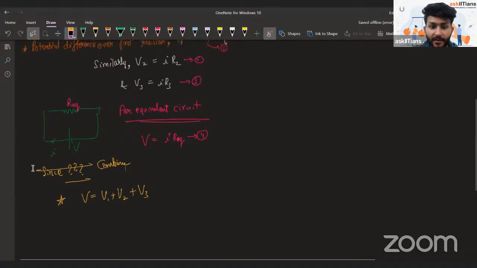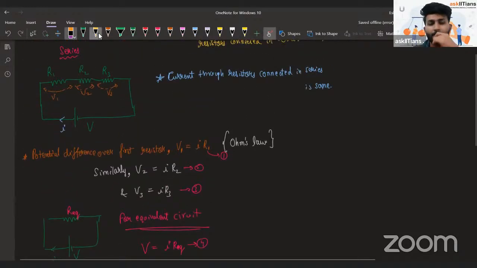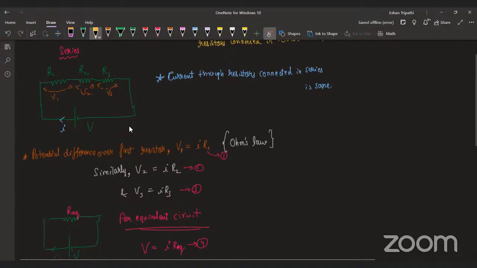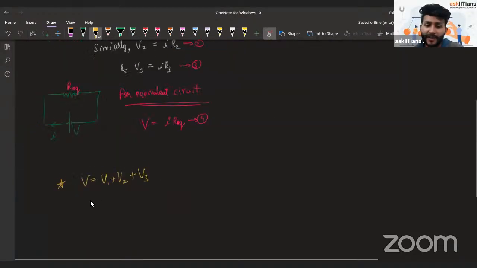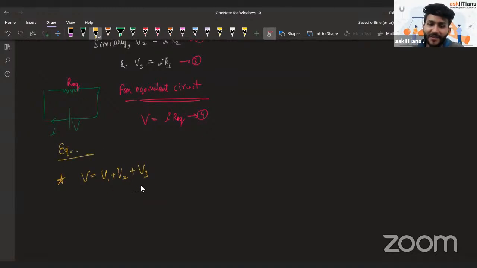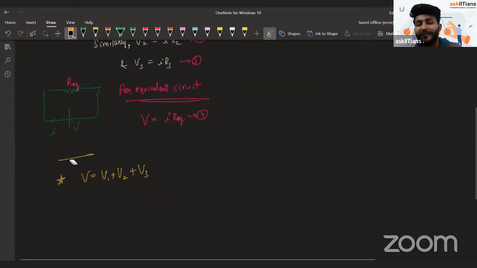Yeah, can anybody else try? What should it be? So equivalent potential difference. Like what should I write over here? Equivalent potential difference, and then write V equals V1 plus V2 plus V3. There's nothing called equivalent potential difference. What will that statement be, guys?